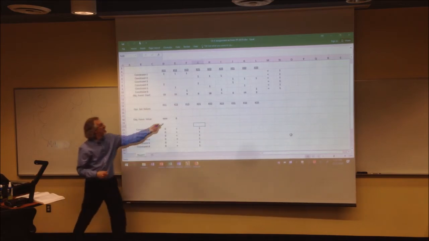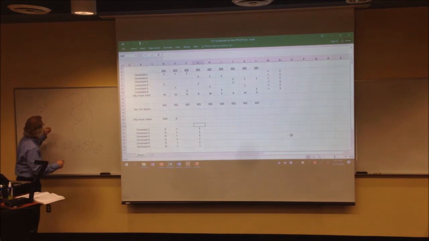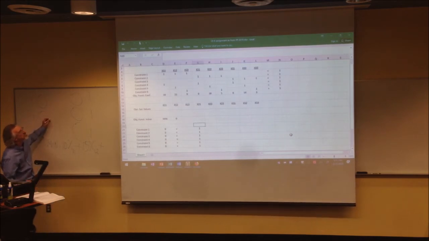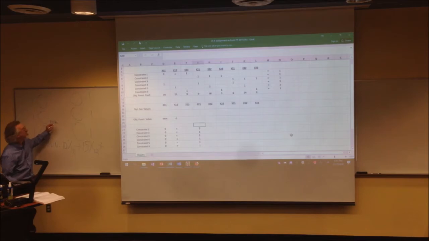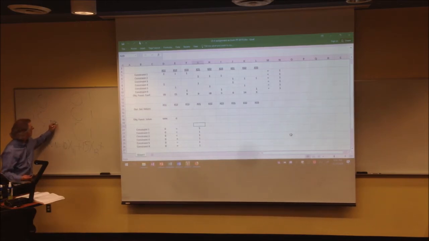Help me out here, what would I see there? First it's a min, but what cell location first? What is it? D what? D11. D11 times, what other one? D15, that's right. Plus, what's next?